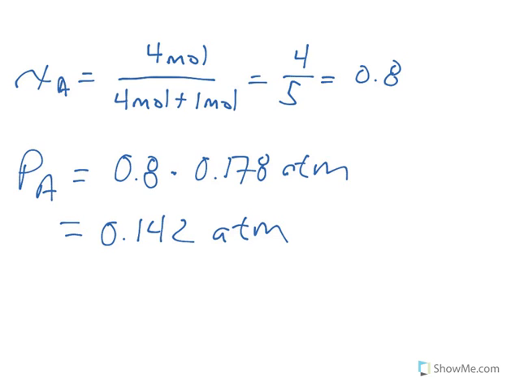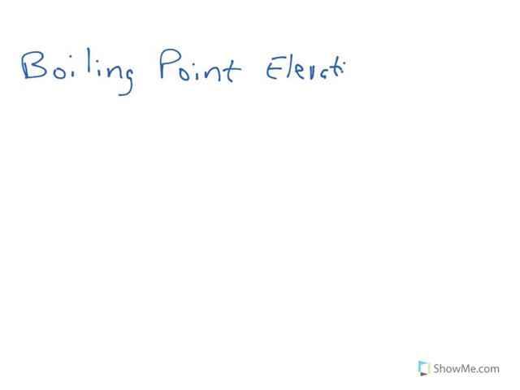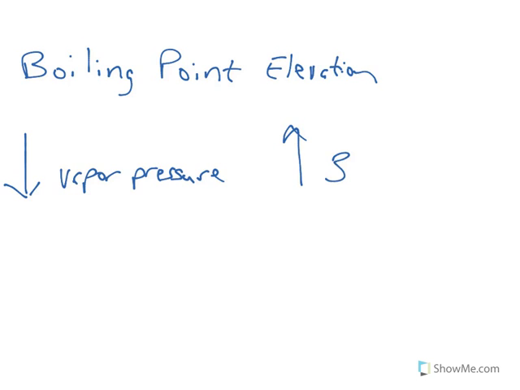The next colligative property I want to look at is actually just a consequence of vapor pressure lowering. It's boiling point elevation. So let's think about this. If you decrease vapor pressure, you will increase boiling point. Now, why is that?